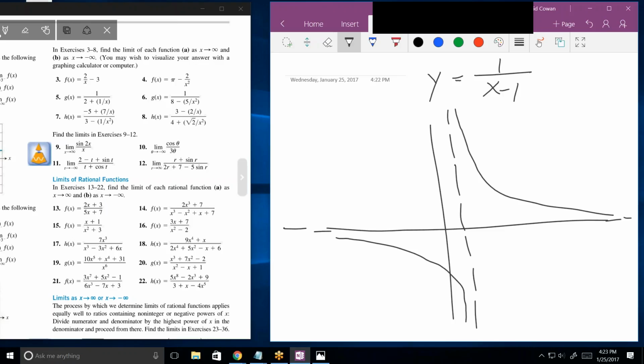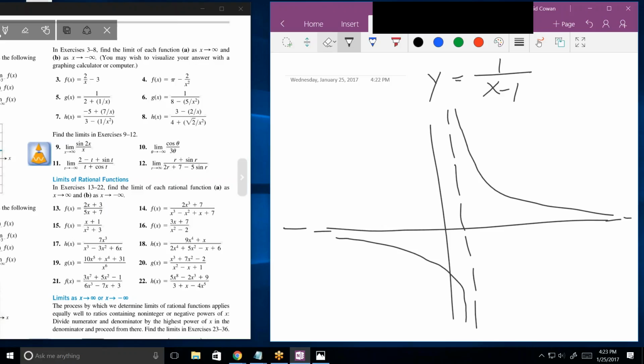And if I were to say what happens to the function as x goes to positive infinity, you're looking at the horizontal asymptote, right? Yes. That's what happens to y as x goes to positive infinity. Y goes to 0. And as x goes to negative infinity, y goes to 0.